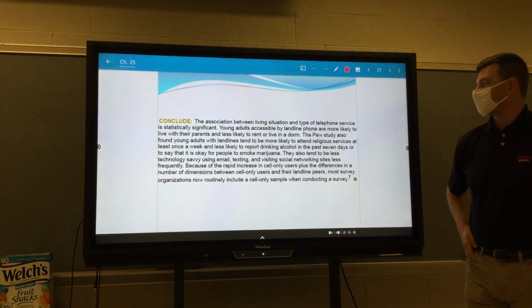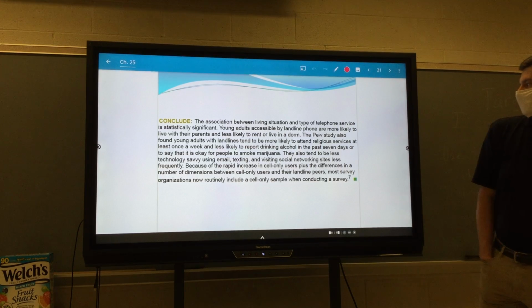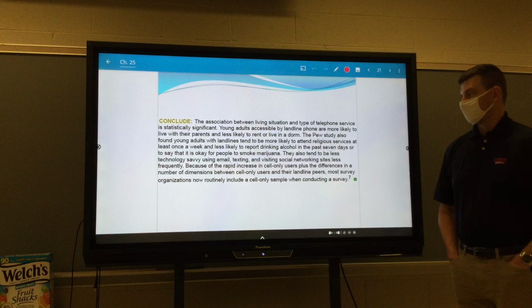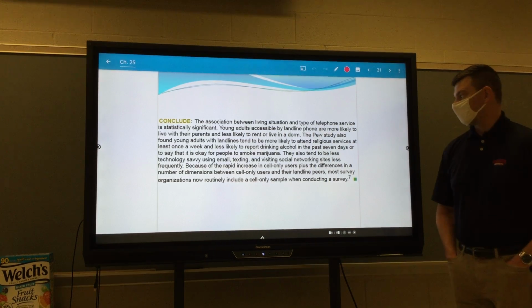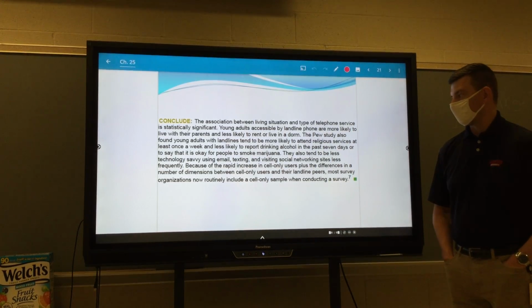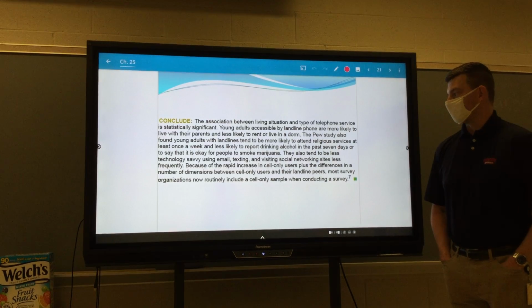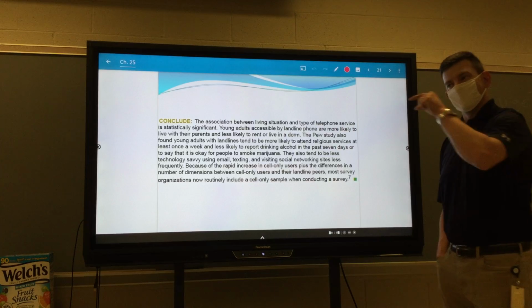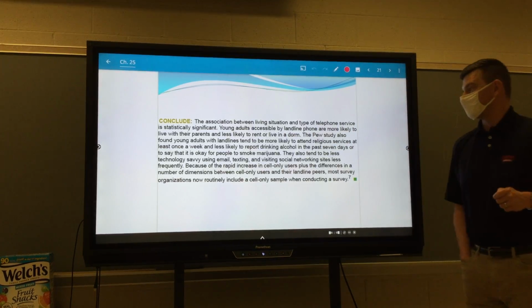The association between living situation and type of telephone service is statistically significant. These young adults accessible by landline phone are more likely to live with their parents and less likely to rent or live in a dorm. We saw that from the differences and from the chi-square contribution.